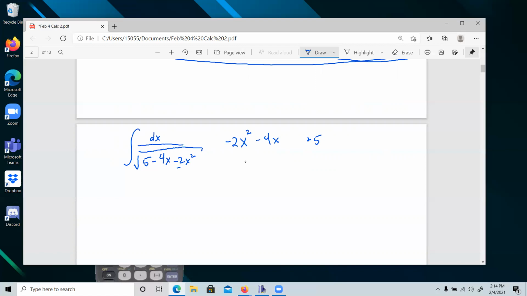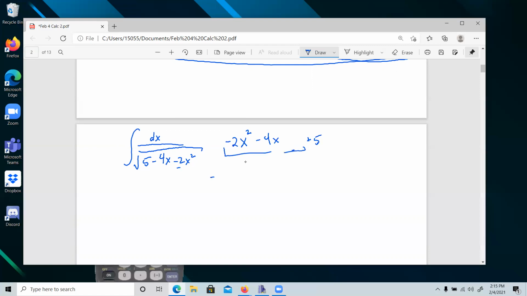It was not a very memorable method. There were a lot of little things and exceptions. And this does have some exceptions and some weirdness going on. But what we're going to do is factor out a 2 here because this 5, we'll take care of later. Right now, let's just deal with what's going on here.